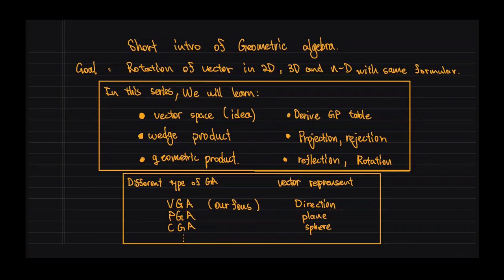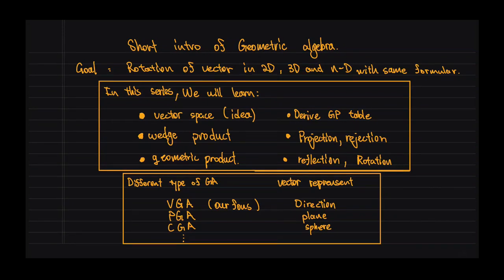The goal of this video series is to do rotation of any vectors in 2D, 3D, and n dimensions with the same formula. If you don't know what a vector is, don't worry, we will cover this soon.